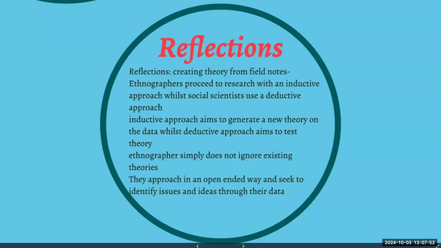And then the final thing that we are going to talk about is reflections. Reflections is really about creating theories from field notes. Here, what you're doing as a researcher is using an inductive method, which contrasts the deductive approach often used in social science.